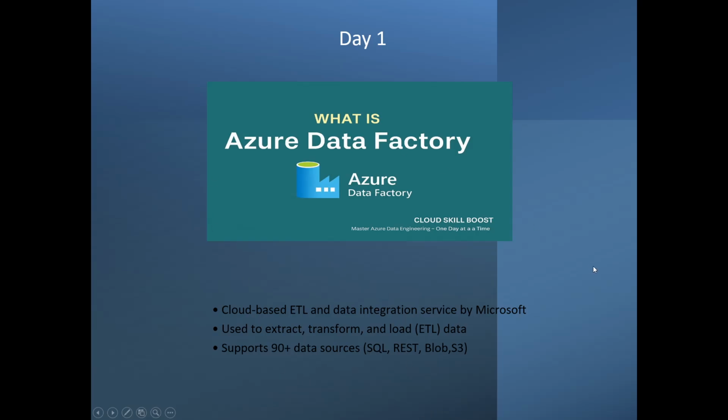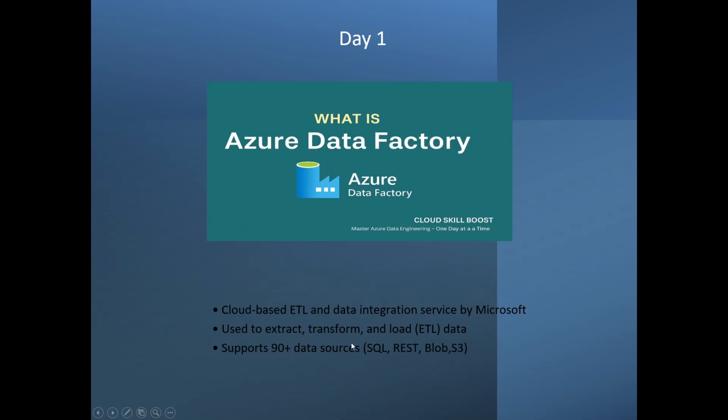From now on, I'm going to be referring to Azure Data Factory as ADF. ADF supports 90 plus data sources, which can be SQL Server, REST API, Blob, CSV. There are several different data sources that it supports. What does that mean?